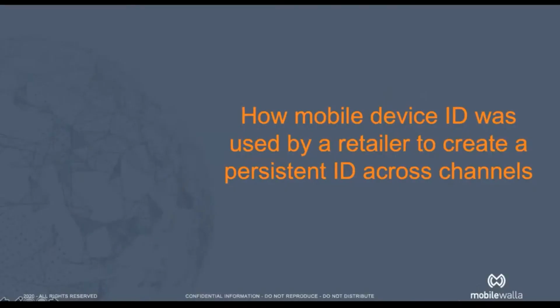Now, I'm going to show you a case study which Mobilewalla, as a company, has done with a retailer. Before I do, I'll take 30 seconds to explain what we do, so it's easier for you to understand this scenario. We capture data primarily from mobile phones, and we build consumer portraits.